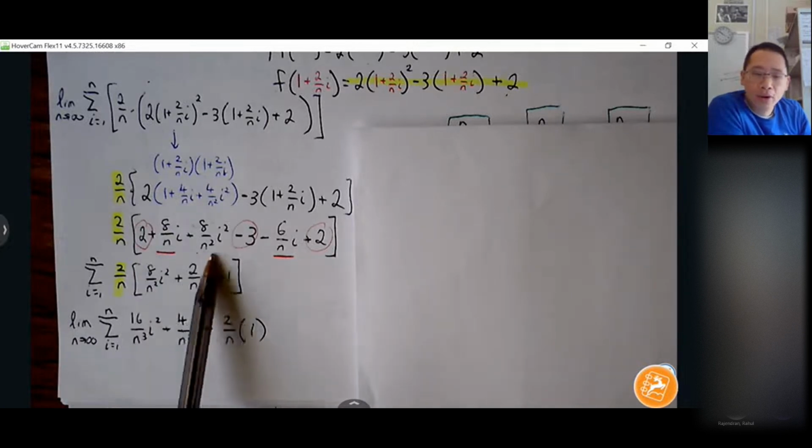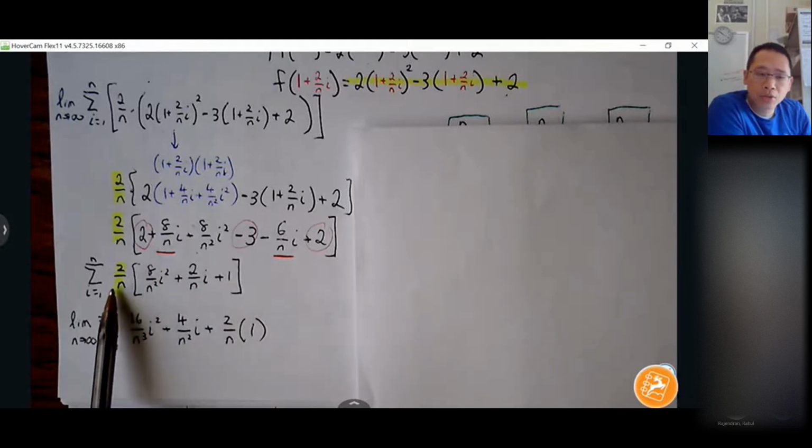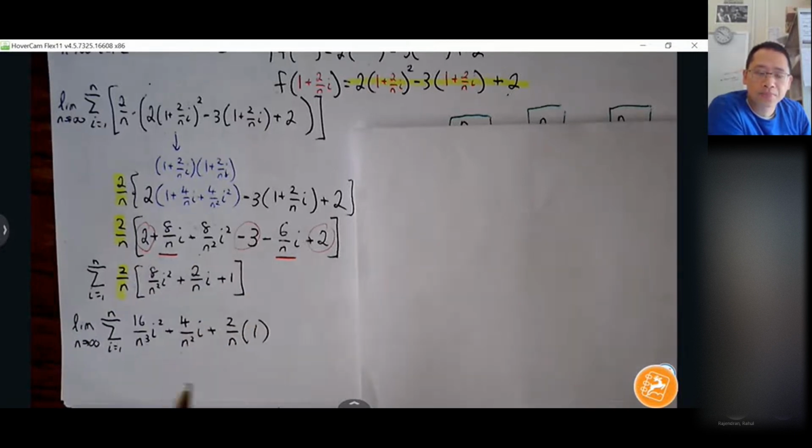Now, once you have all your i component cleaned up, make sure that you don't forget about the width. We still have to worry about this 2 over n. So I'm going to distribute that 2 over n through.